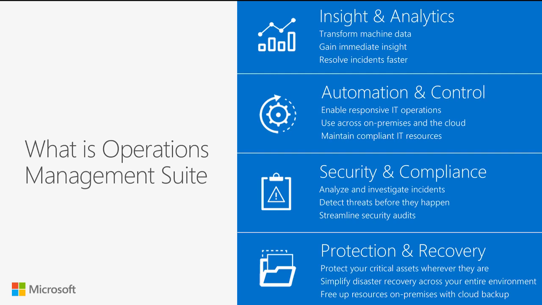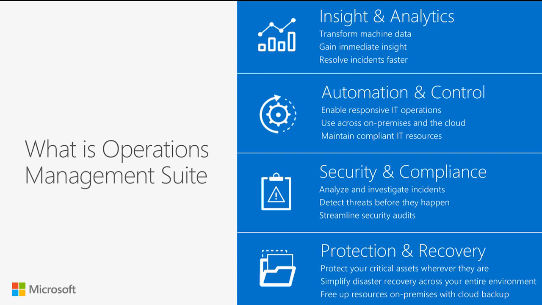What do you get in OMS? You get insight and analytics to gain immediate insights across workloads and tap into operational intelligence when it matters to explore, analyze, and take action faster. Automation and control, which enable consistent control and compliance, allowing you to deliver continuous IT services and remediate issues quickly and at scale.